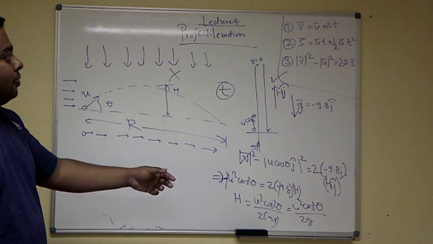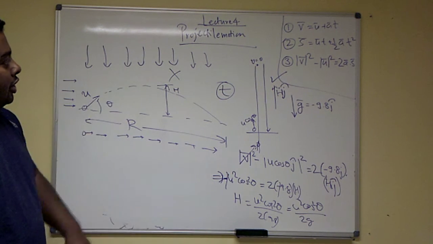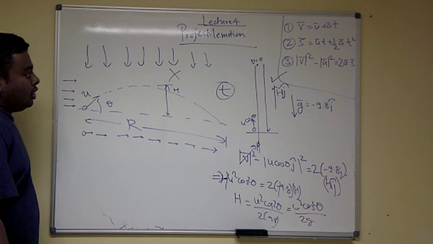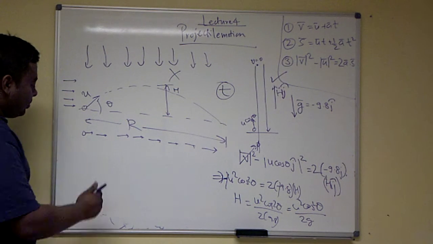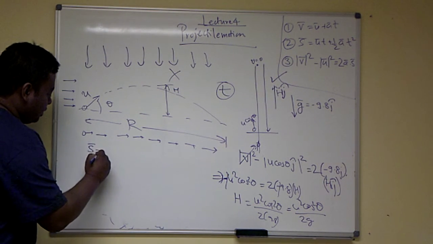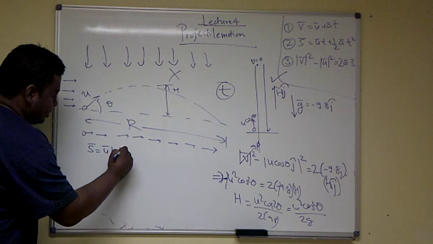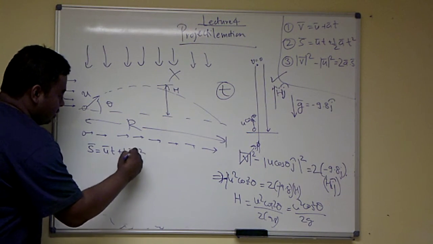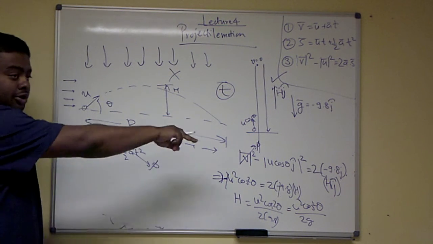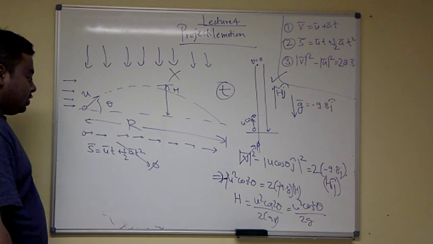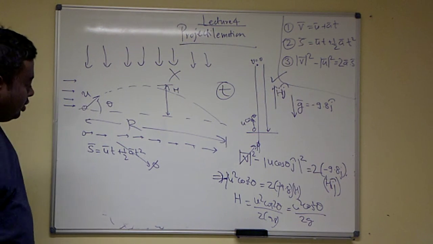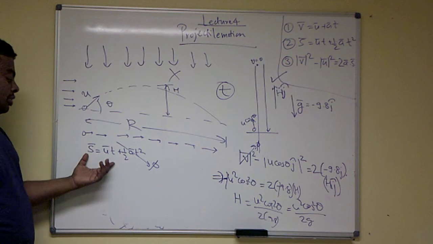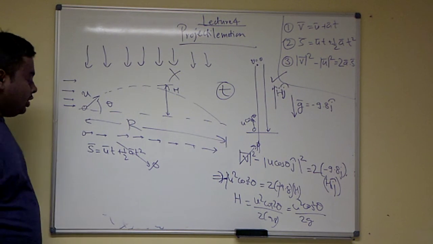So what we can do for that case, we can use the second equation of motion, which will become S vector equals u vector t plus half a vector t square. There is no acceleration in the horizontal shadow direction, so that is 0. Now we are only interested in S vector equals u vector t.